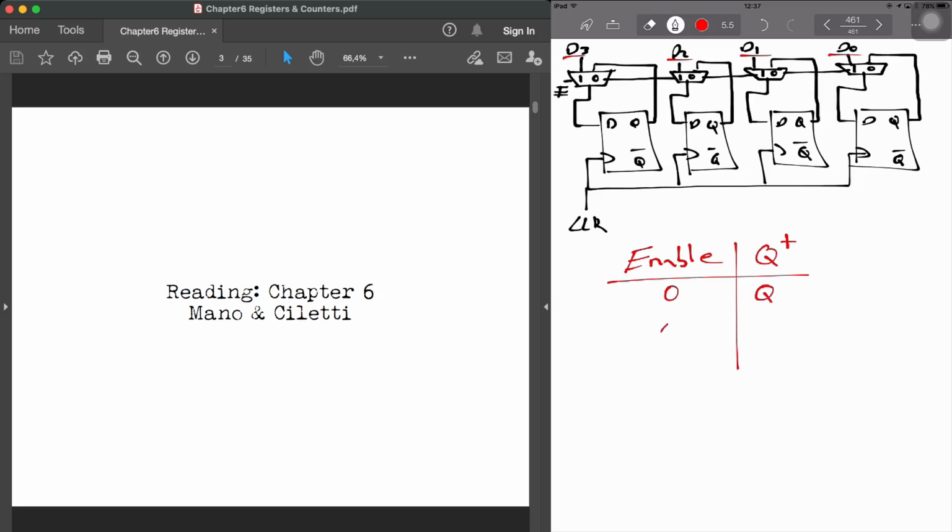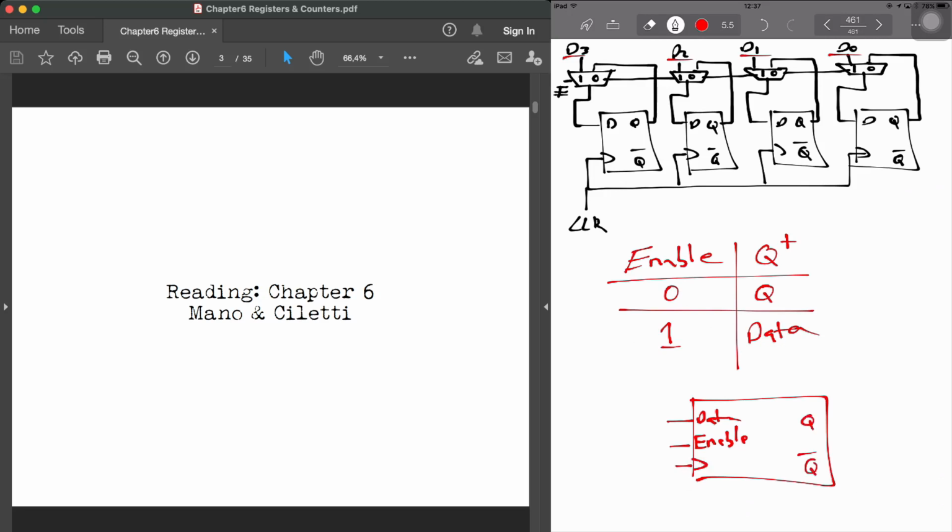And when it is 1, it's going to load the data in. And this can be represented with a symbol with data input, with enable input, and of course the clock. And we have Q and Q prime. This will represent our parallel load D-type register or D-type flip-flops. I hope it is clear.